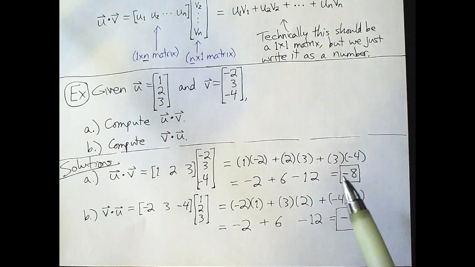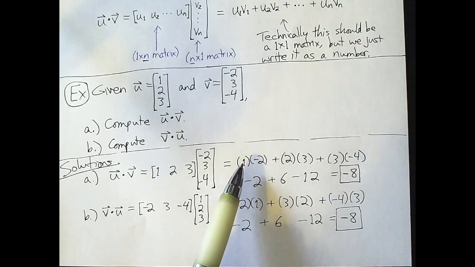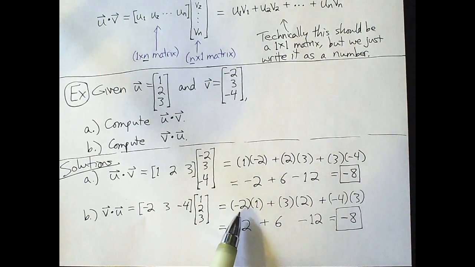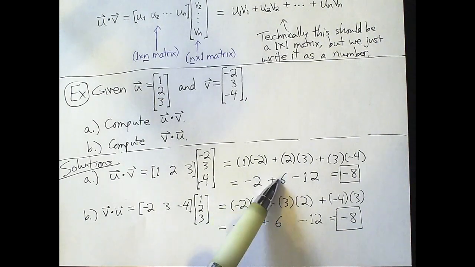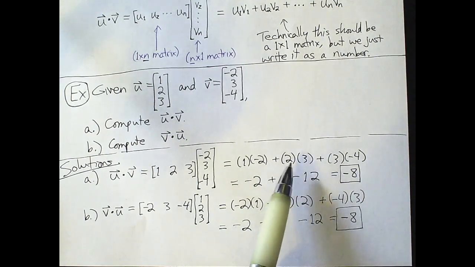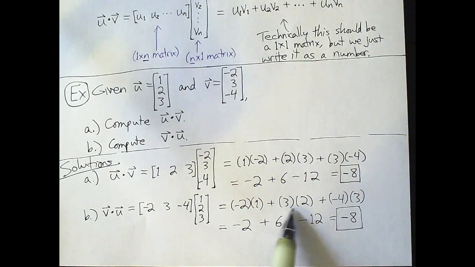Well, let's look at why we got negative 8 for both of them. It's because for part A, we were doing 1 times negative 2, and for part B, we were doing negative 2 times 1. So either way, we got the same result. Like we had negative 2, 6, negative 12, negative 2, 6, negative 12. It's because the effect of swapping around u and v just swapped around these numbers.